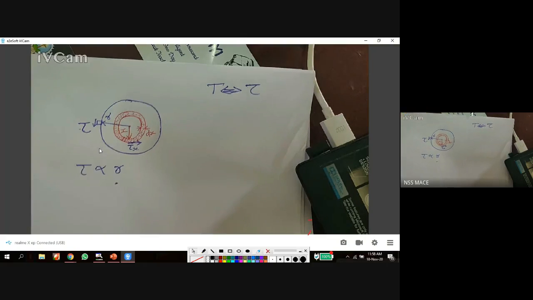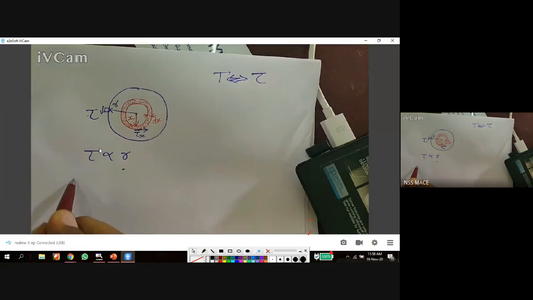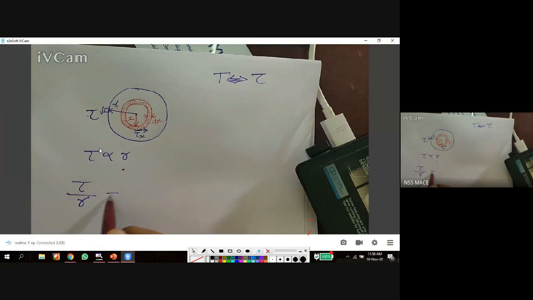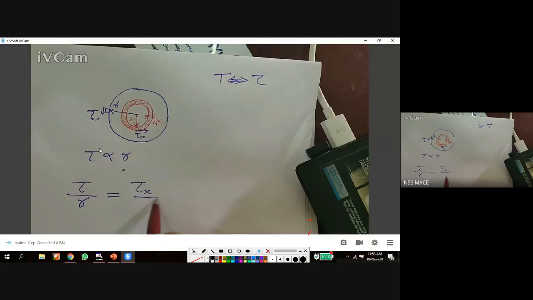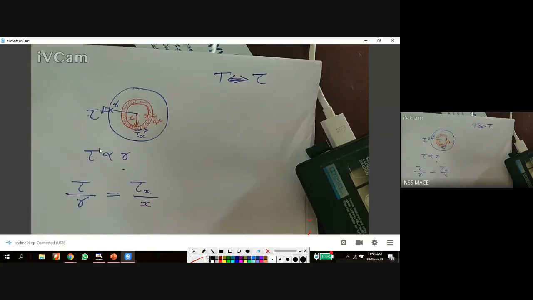So I can write tau by r equal to tau x by x. Can you write that? Tau by r equal to tau x by x. Right? Tau is proportional to r.